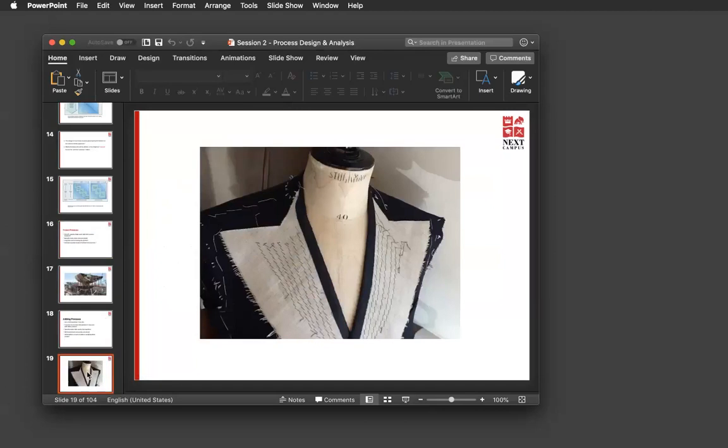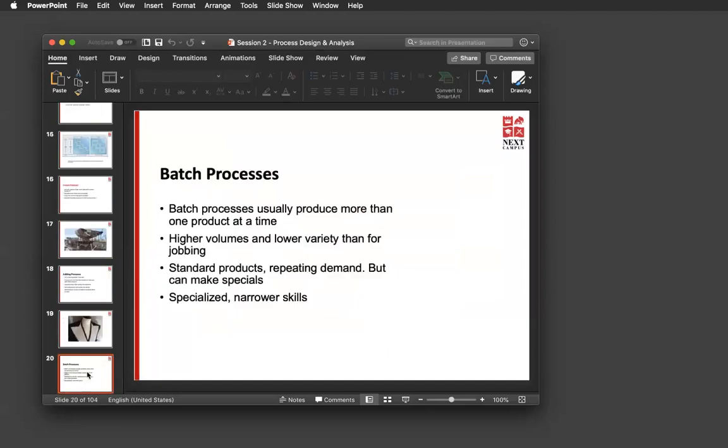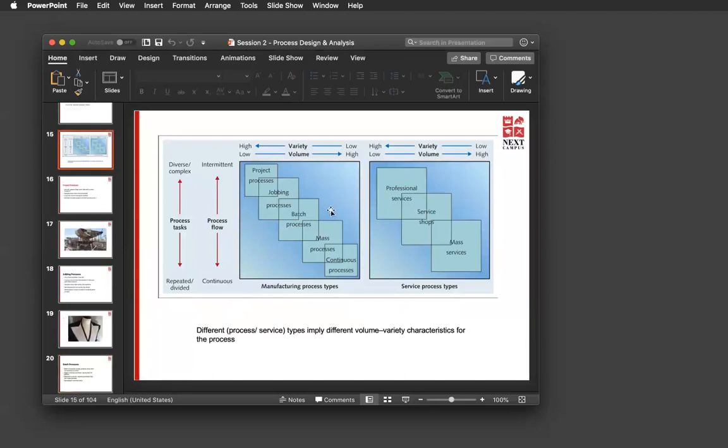So the volume will be slightly higher than the previous example, but the variety will be higher as well.